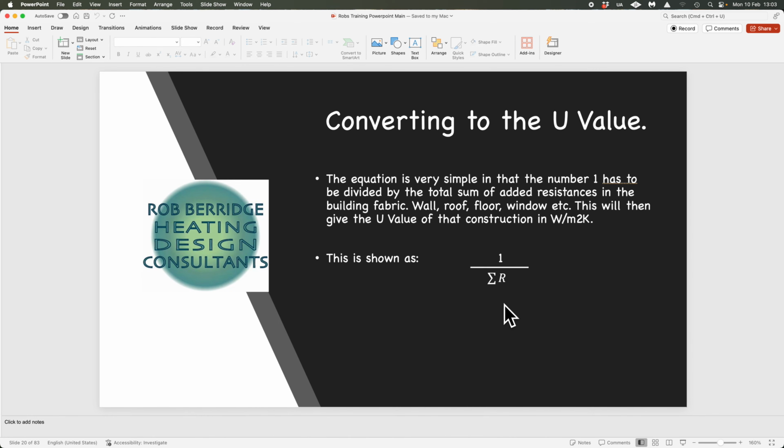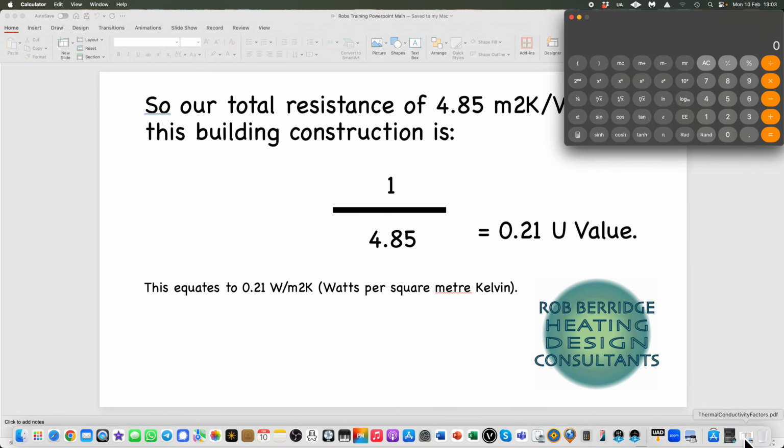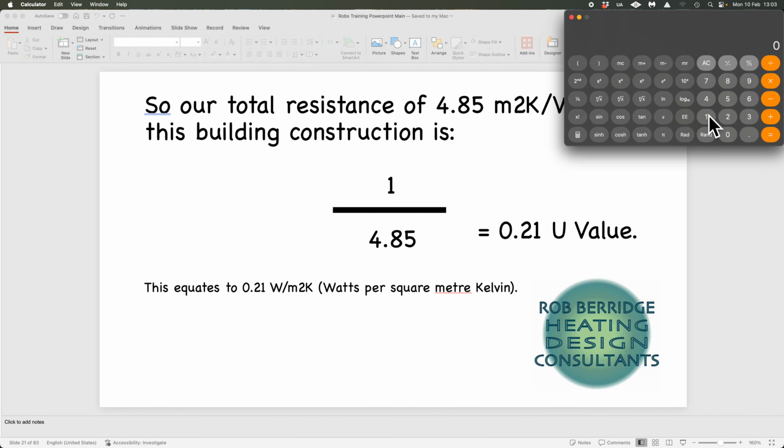So we had 4.85 meter squared Kelvin per watt in our sum of all of our resistances. That's the total lot there. So in order to work this U value out, we say 1 divided by the sum of all the resistances of 4.85. And let's just make sure the calculator is not lying. So we say 1 divided by 4.85, and that gives us 0.21.